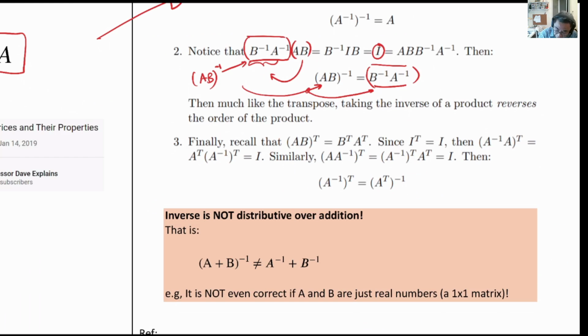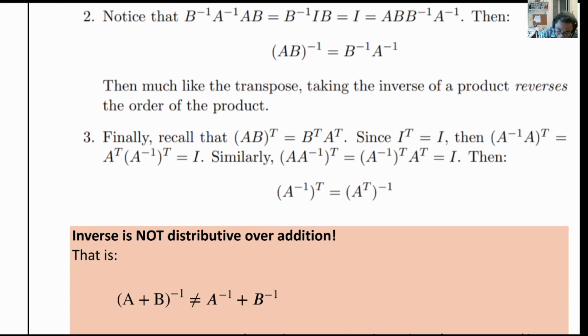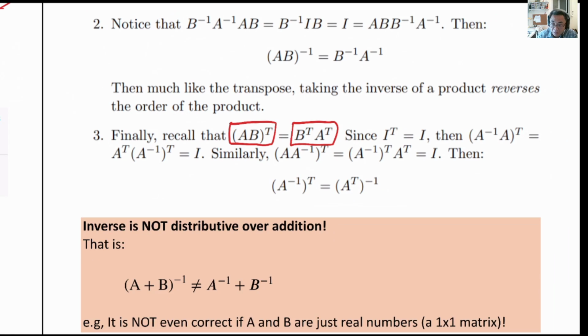Now for the last property: whether we perform A inverse first, then transpose, is the same as taking A transpose first, then its inverse. Why is this true? Recall the property of transpose. AB bracket transpose is the same as B transpose A transpose. Also, an identity matrix transpose is still the identity matrix, because the identity matrix has only diagonal values.